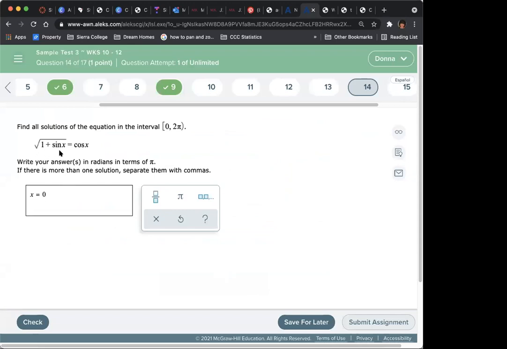Sine of 0 is that y value. I'm at 0, and the y value is 0, 1 plus 0, 1, yeah, that's it, and 3 pi over 2.